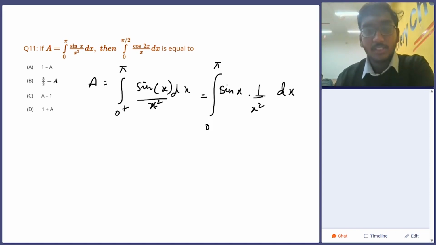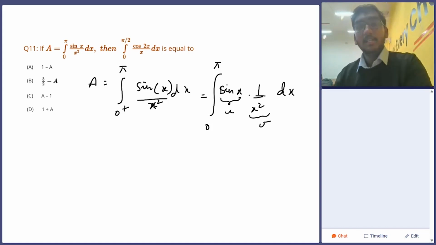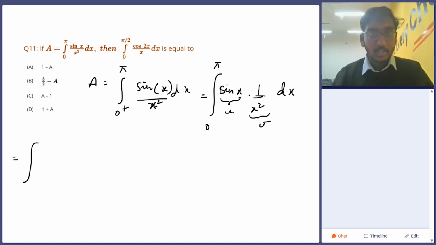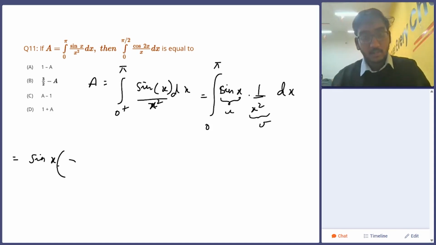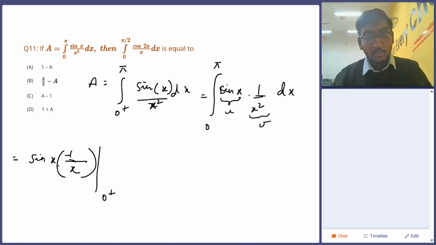We'll just call this u and this v. What will be the formula for integral u v dx? It is u integral v dx minus integral u dash times integral v dx. U is sin x, and the integral of 1 upon x square is negative 1 upon x. So sin x times minus 1 by x, with limits from 0 plus to pi.